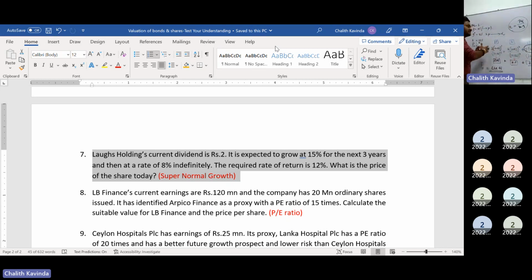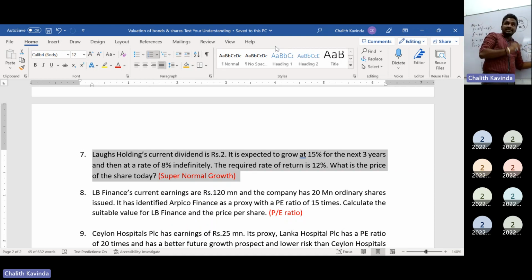Simply, we call this the two-stage dividend model. This is your first stage, and after that, you have your second stage. This is simply the supernormal growth model. Here, you can simply discount your future dividends.